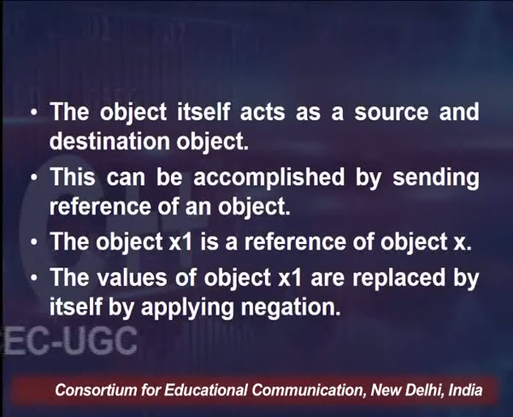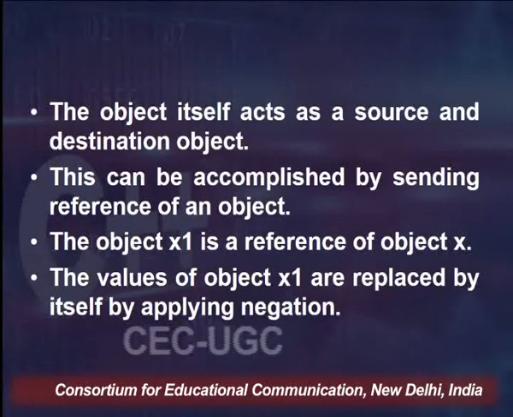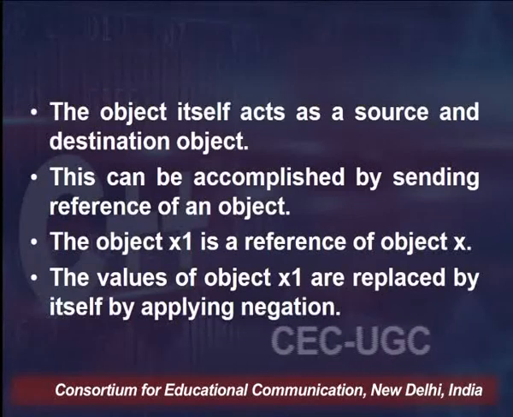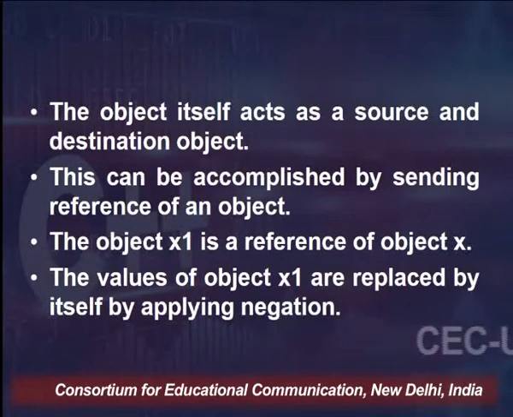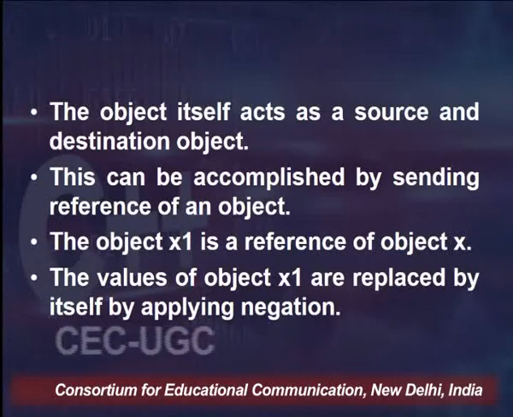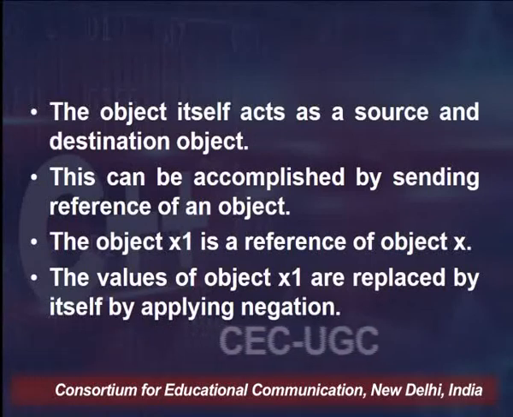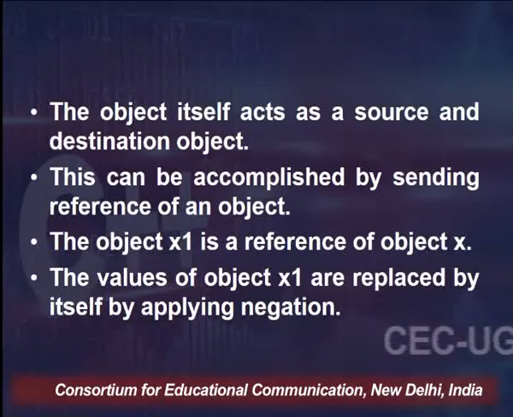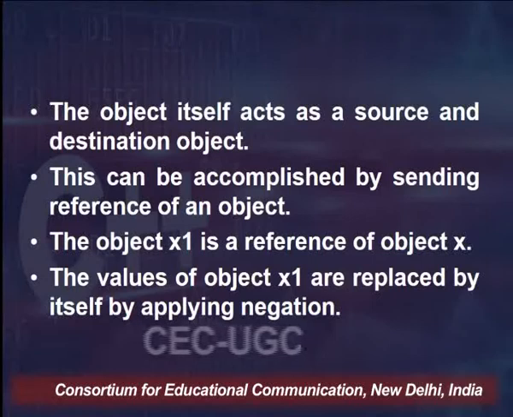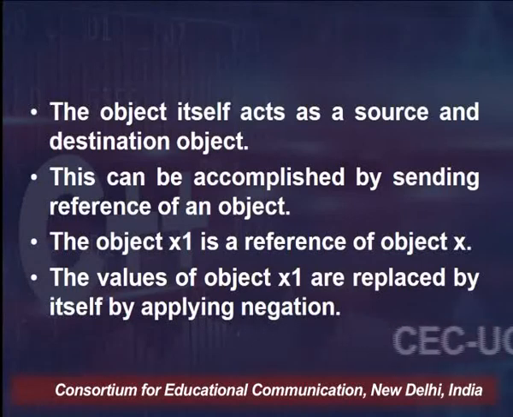Now when we talk about a unary operator, and we are passing one object within the parameter list, we can establish some facts about this operator overloading mechanism: the object itself acts as the source and the destination object.